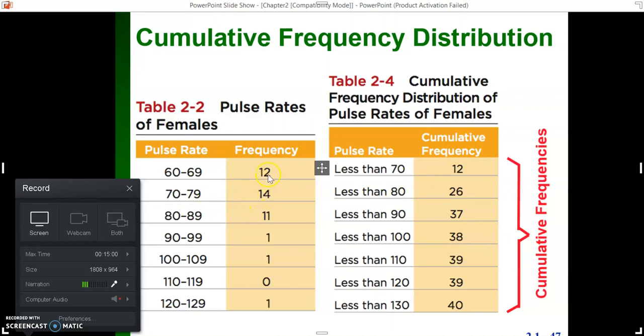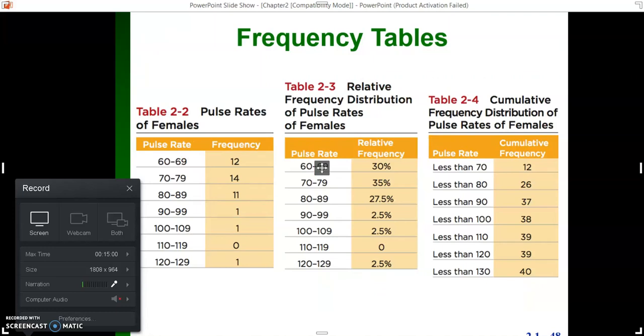For example, 14 plus 12 equals 26. For the next one, 80 to 89 or less than 90, 11 plus 14 plus 12, or simply 11 plus 26 equals 37. And so on, you can calculate the cumulative frequency distribution.